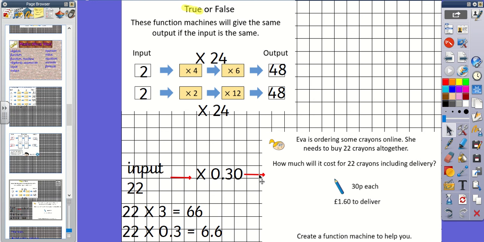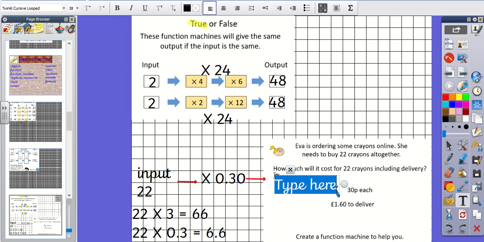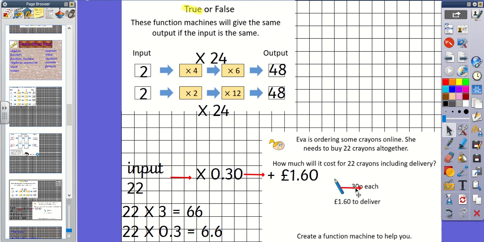There we go. Okay then, so our next step is we then need to add on £1.60 for delivery. And then I need to get my output. So we know that we've got £6.60 for our first step.